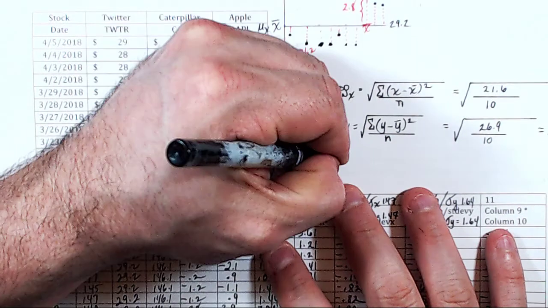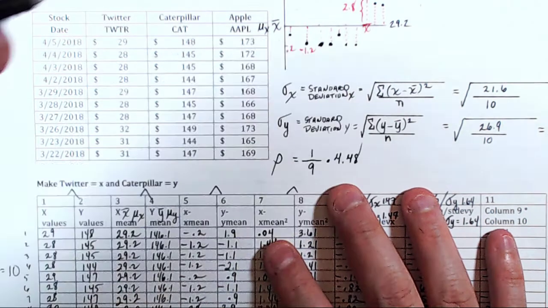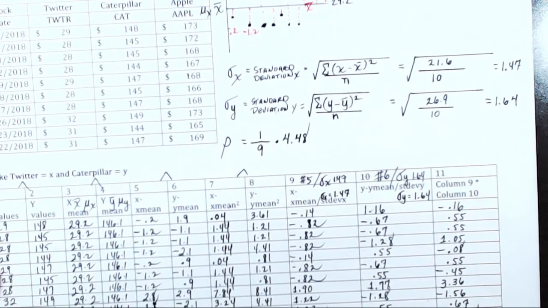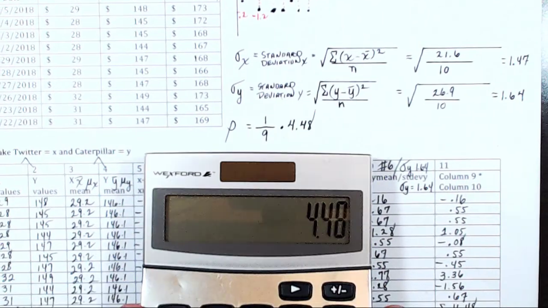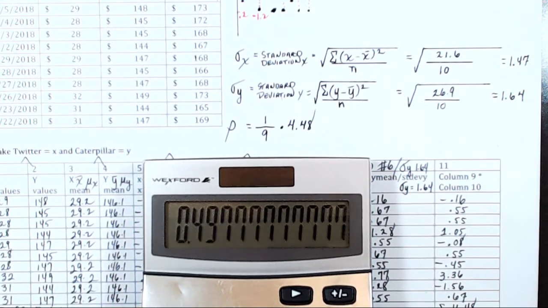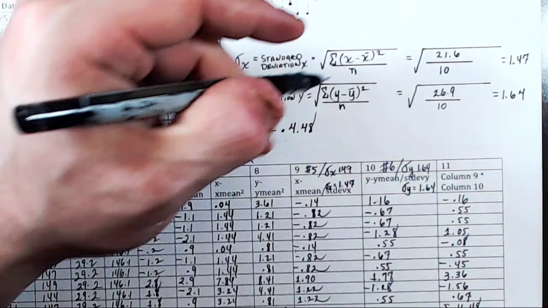So I'll take 4.48 and divide it by 9, and I get 0.4977.